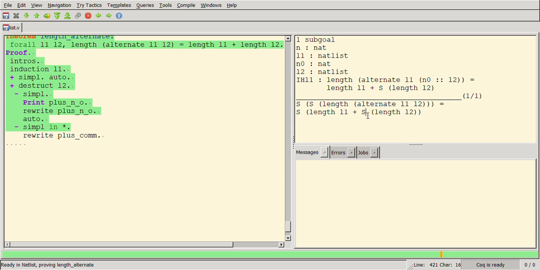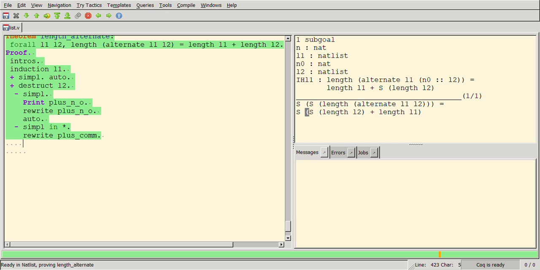I want to bring this successor out here, but for that I need to swap this term with this term, and this is allowed by the commutative property of plus. So I use rewrite with the commutative property of plus, so the terms are a bit more similar now.